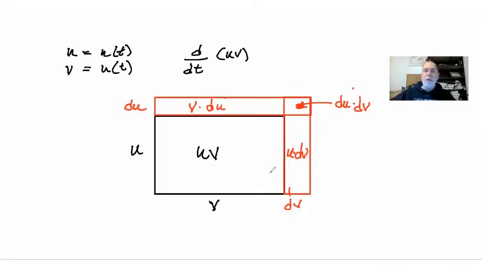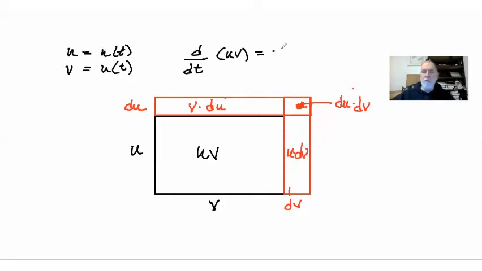All right, so what is the amount of growth that we have seen that corresponds to u growing by du and v growing by dv? This will be the sum of these three newer rectangles.